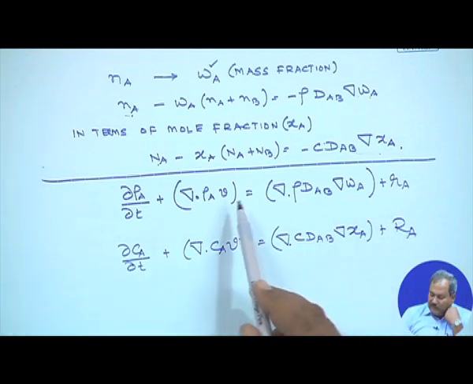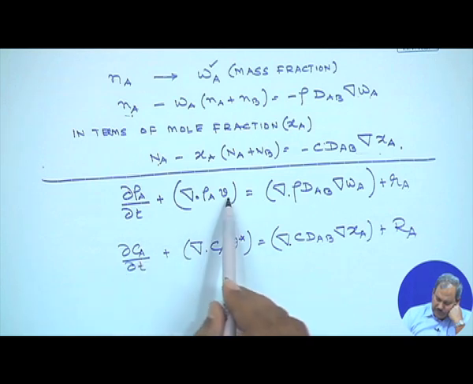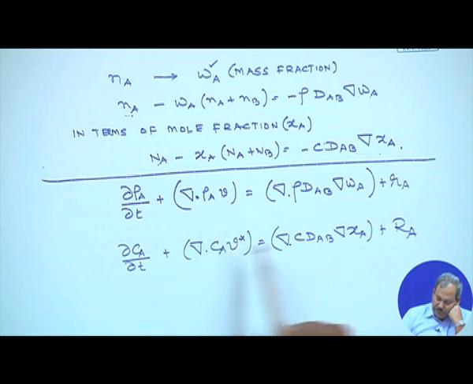So, fundamentally there is no difference between these two. One, as I said, is in terms of mass, the other is in terms of moles. This is mass average velocity, this is molar average velocity. This is rate of generation of A in mass per unit time, this is rate of generation of A in moles per unit time.